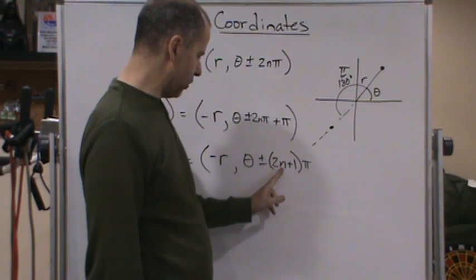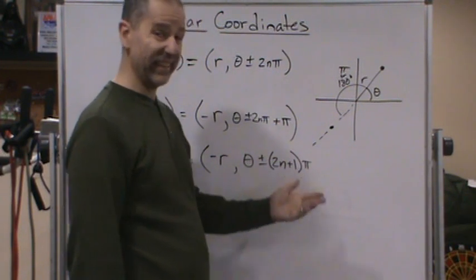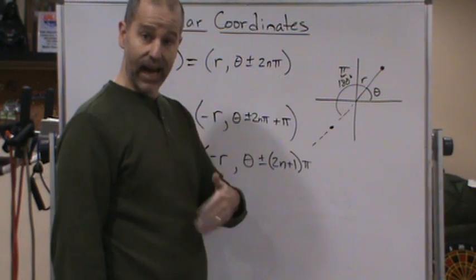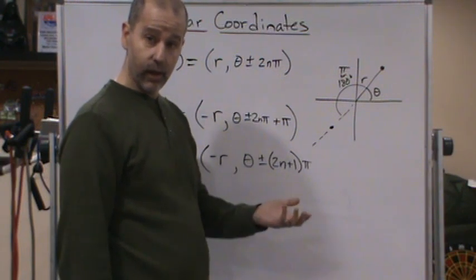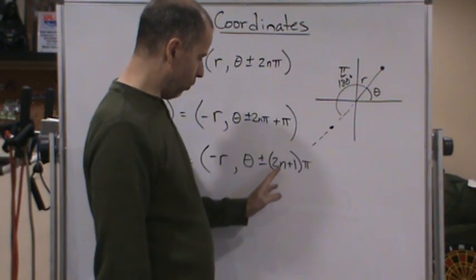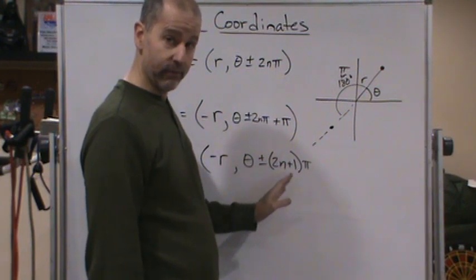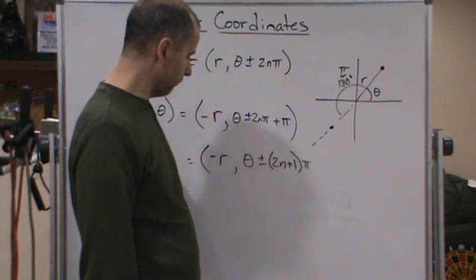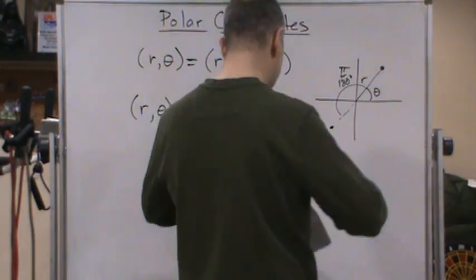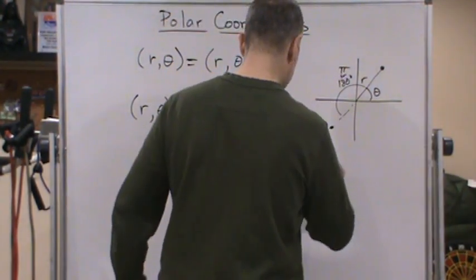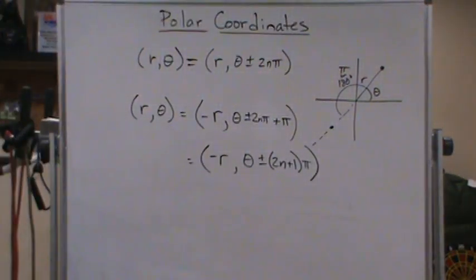If n is 2, I get 5. So basically, any odd multiple of pi: 1, 3, 5, 7, 9, 11, and so on. So there's another general form for finding different ways of representing the same point.